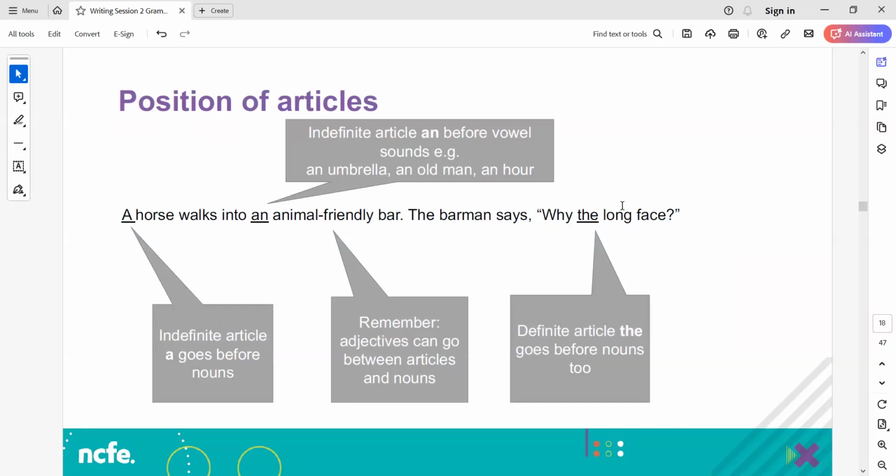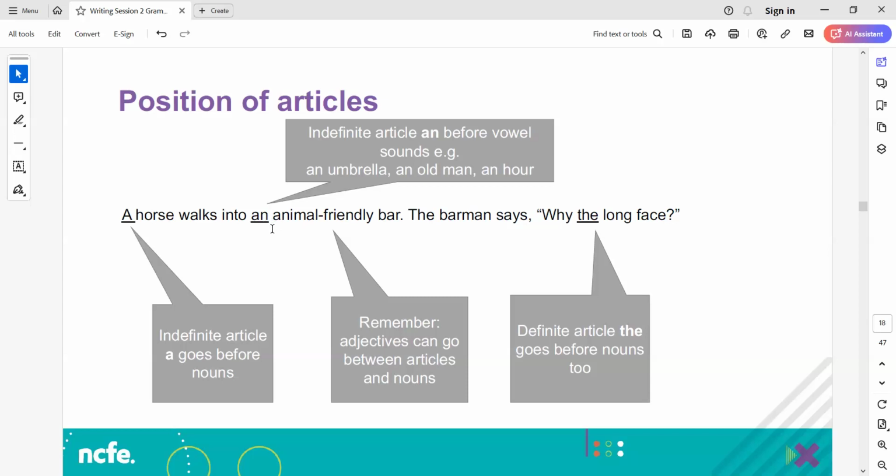The indefinite article an goes before vowel sounds. So it's the same as using a, but if the noun following it or the adjective following it starts with a vowel, then we use an. So any word starting with A, E, I, O, or U, rather than a, we use an.